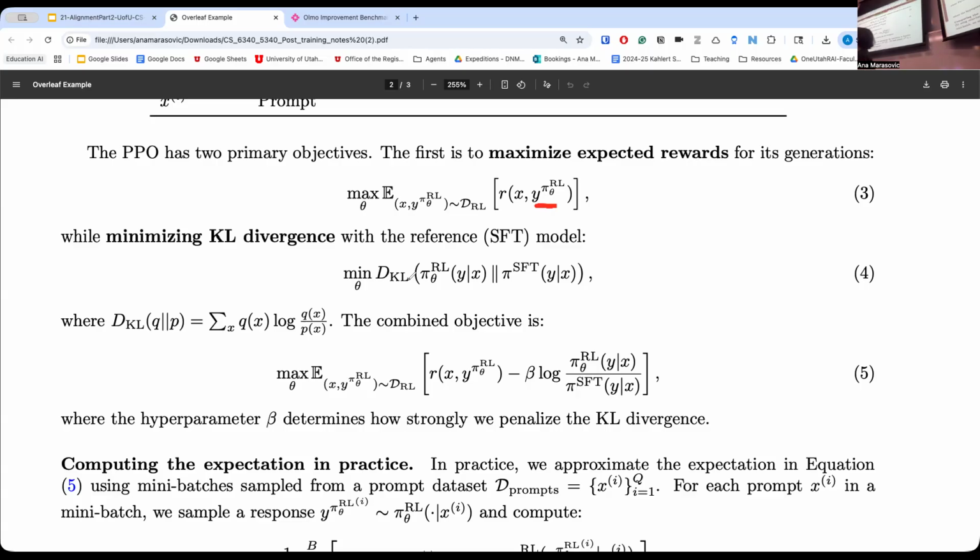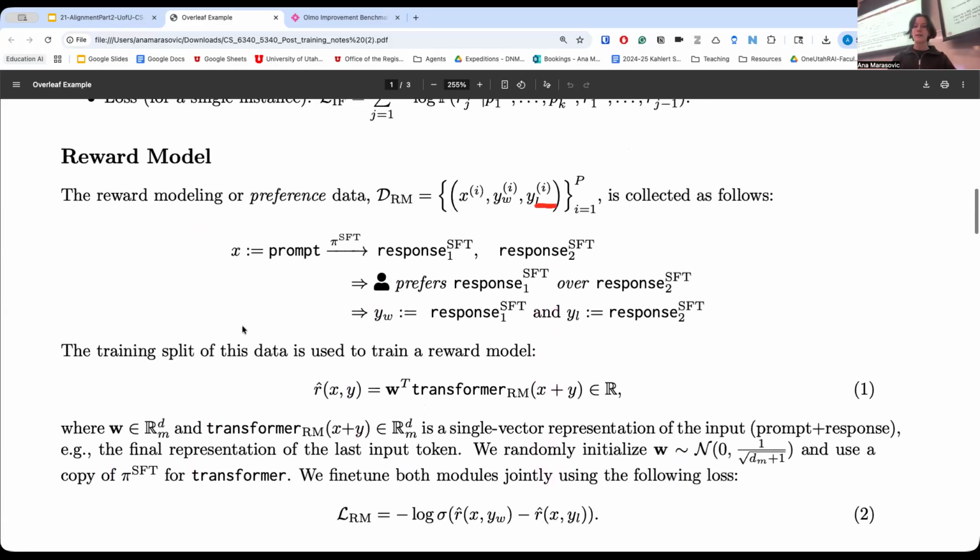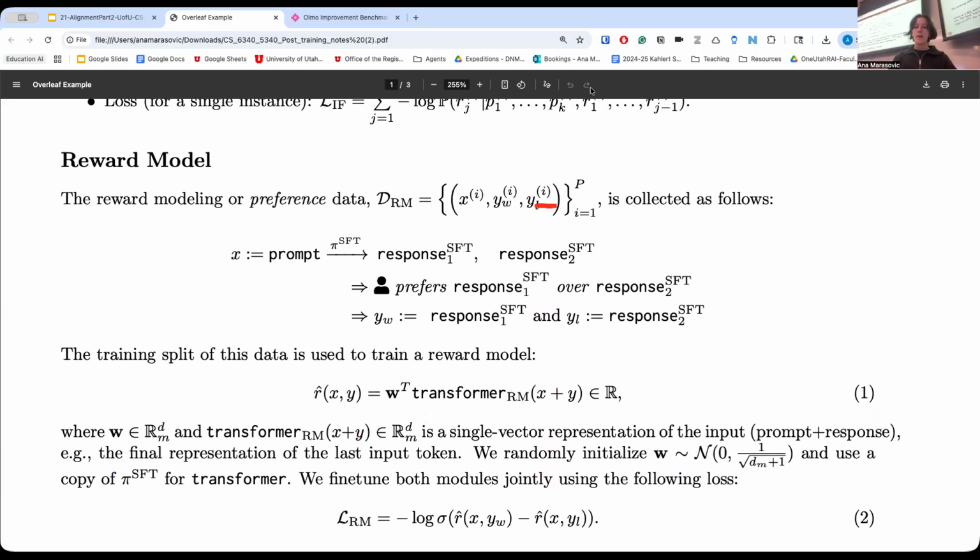One reason is that the reward model was trained with outputs from the SFT model. This data was created by taking responses from the SFT model, and then a person says which one they prefer.